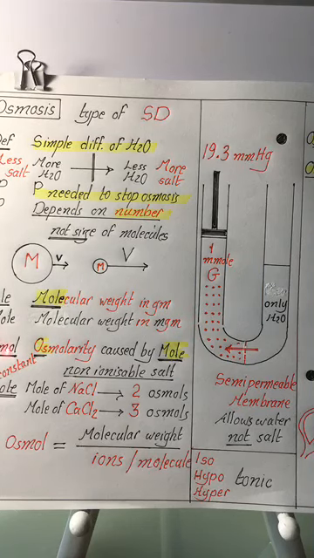What's an osmole? The word expresses itself. An osmole is the osmolality caused by a mole. The osmolality caused by a mole. One may ask me, please explain.